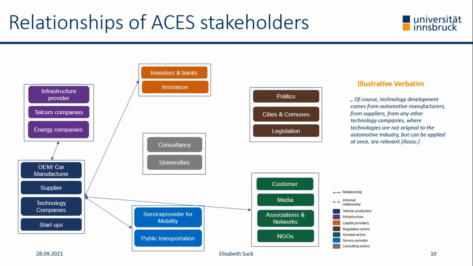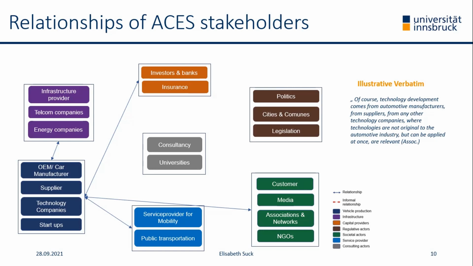The expert interviews showed here that the technology producing actors, you can see on the left side, are the classical actors like OEMs or suppliers, added by new ones as technology companies or startups, which are not necessarily attributed to the automotive industry. Based on their role to produce vehicles, they have then relationships towards the actors the technology has to interact with.